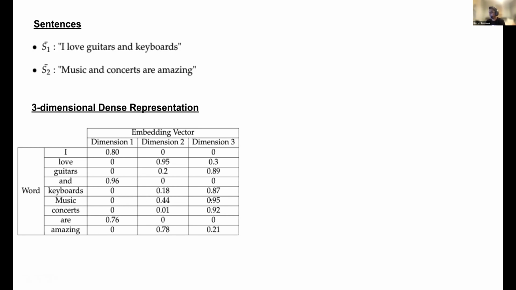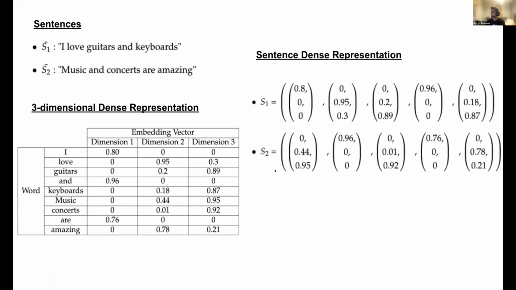So there's probably some interaction happening between those two words. Okay, so using this embedding vector table, we could create representations for the sentences. We just replace each word with their equivalent embedding vector.